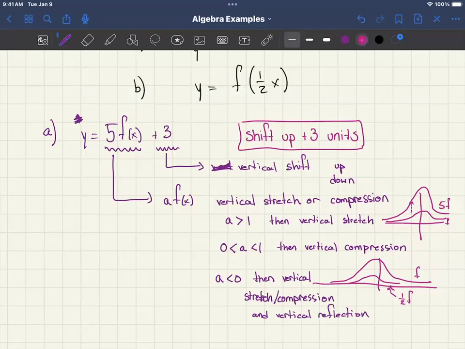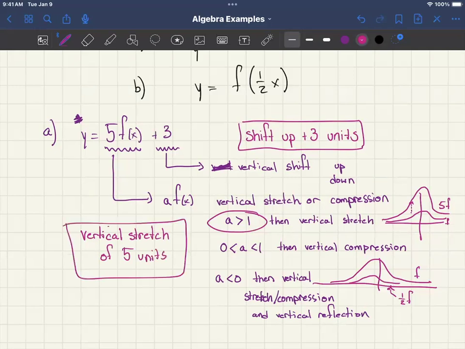So in this case, we're looking at our first option. Our a is bigger than 1, so we also have a vertical stretch of 5 units. And we're not asked to draw it, thank goodness. So we just have to say it's going to shift up and then it's going to be stretched.